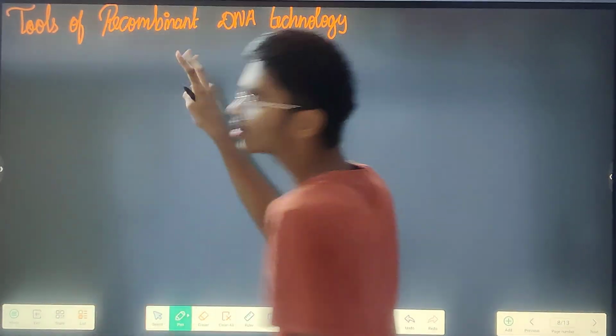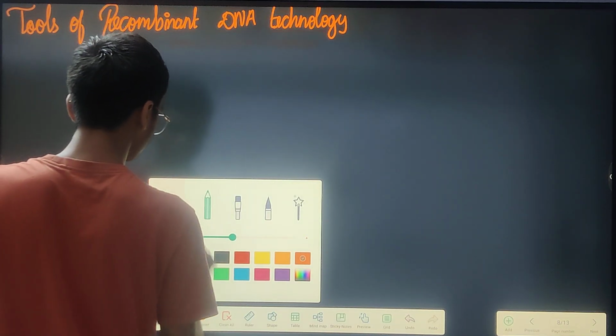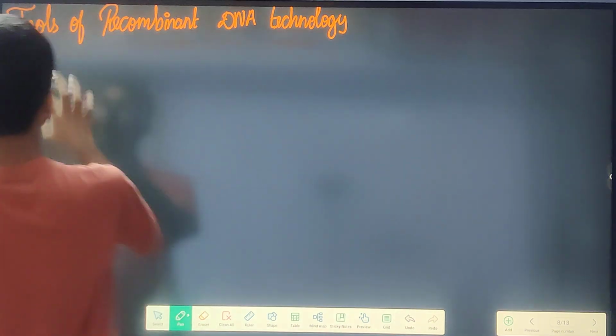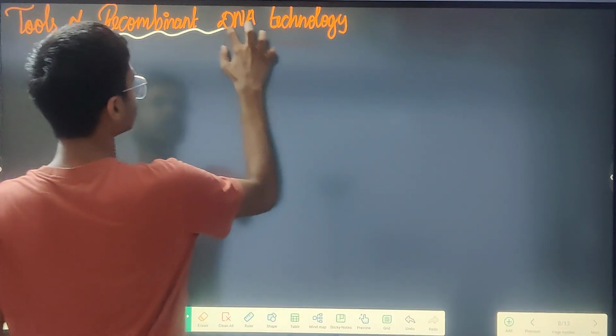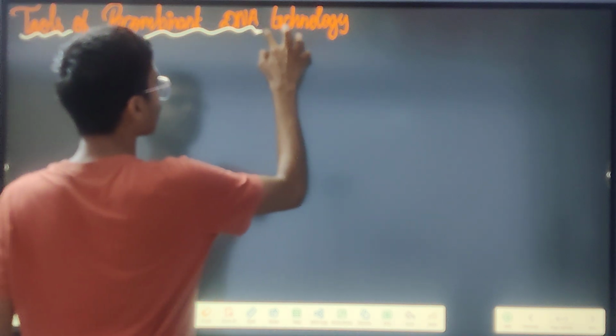To produce or to create rDNA, or recombinant DNA, you will have to use some tools which are part of the technology. So what are those tools? That is what we are going to see now.